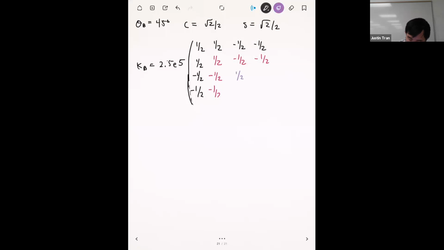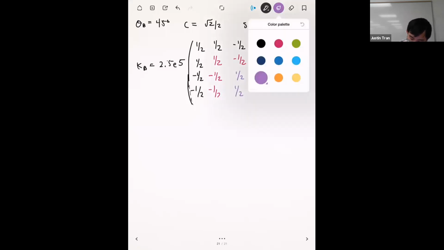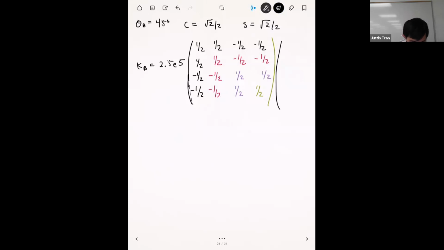Next, we have this row, which is 1/2, 1/2, 1/2. And finally, we have 1/2 here. All right, so element 2, or element B, acts on nodes 1 and 3, and so we have U1x, U1y, U3x, U3y.